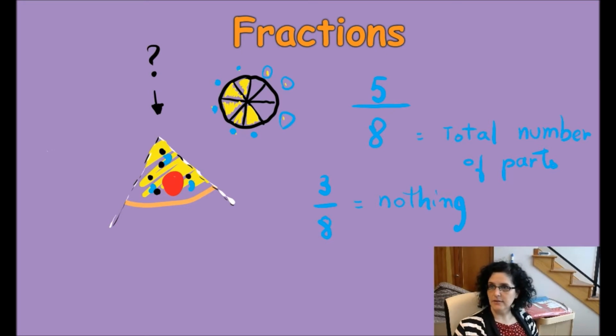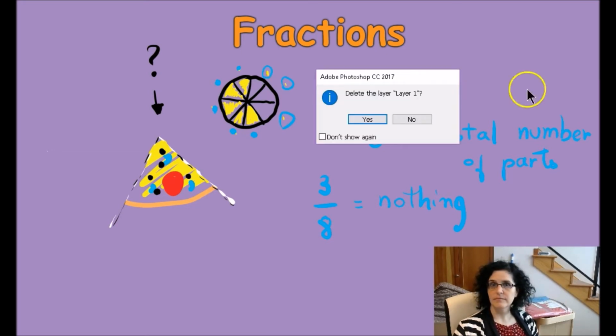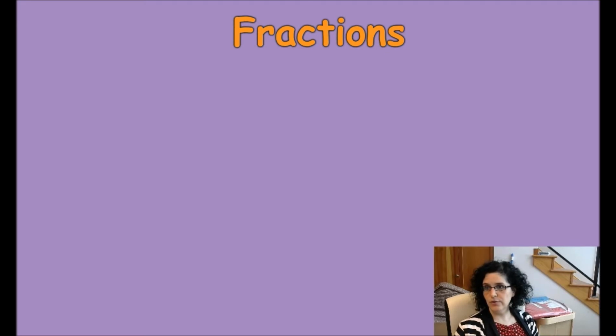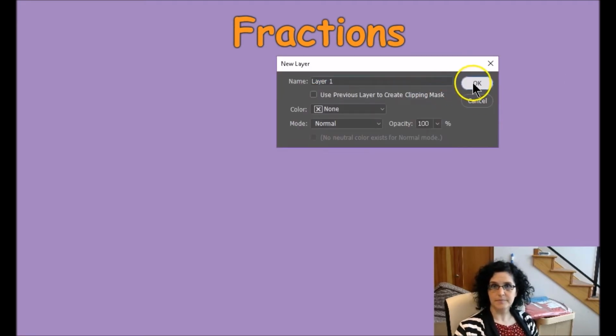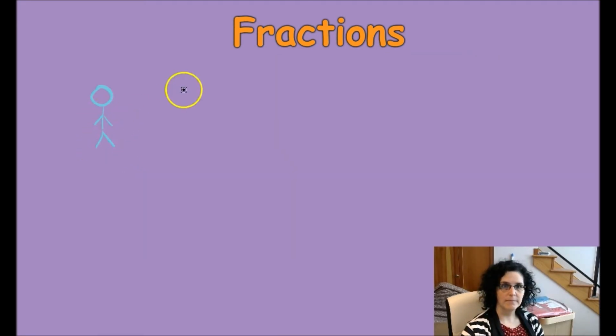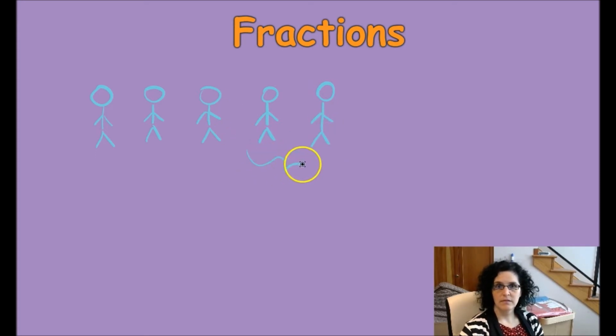Okay? Let's clear this out. And we're going to imagine another scenario. I'm just going to go back to drawing. Miss J's friends, right? 2 boys, 3 girls. So, what would be the number on the bottom?